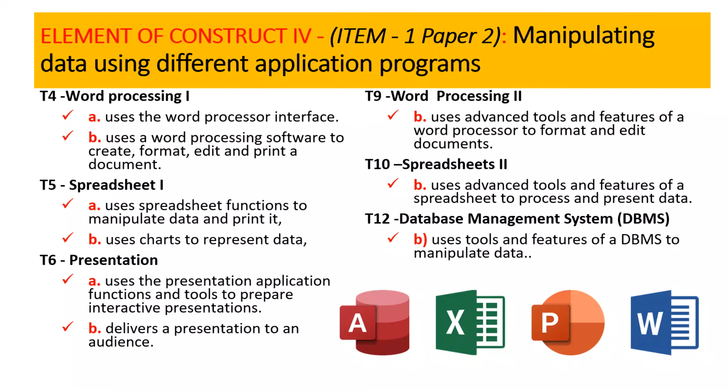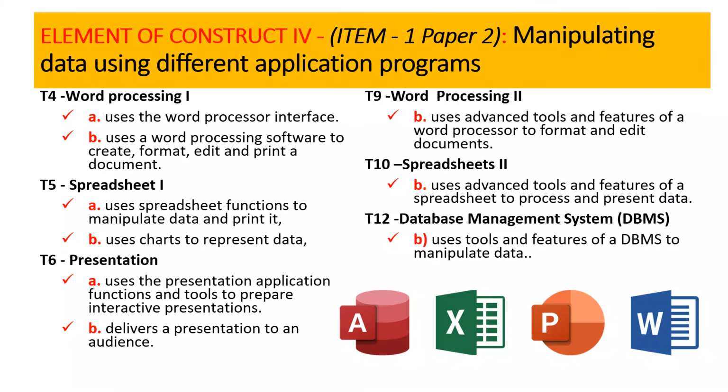More to that, item 1 is taken from the following topics. Topic 4, word processing 1. Then topic 9, word processing 2. Topic 5, spreadsheet 1. Topic 10, spreadsheet 2. Topic 6, presentation. Then topic 12, database management system. Those are the 4 applications where a candidate is manipulating data.